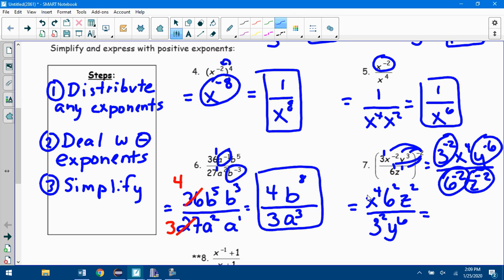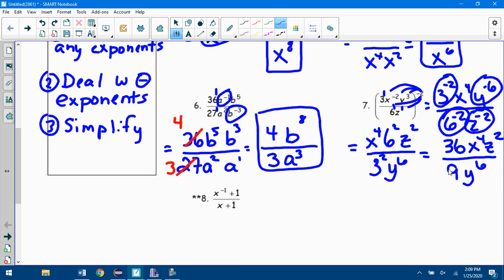Okay, so none of the variables are going to cancel at all. So let's simplify the numbers. 6 squared, I really have a 36 on top. So that's 36 x to the 4th z squared. And on the bottom, I have 3 squared, that's 9. So I have 9y to the 6th. That look good?